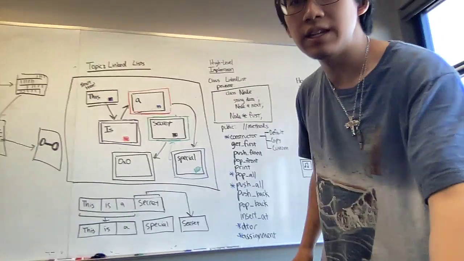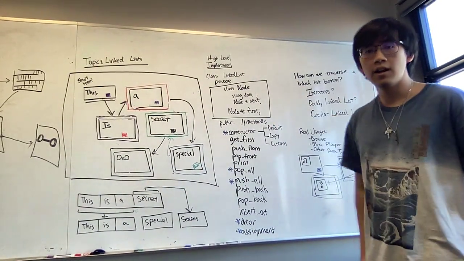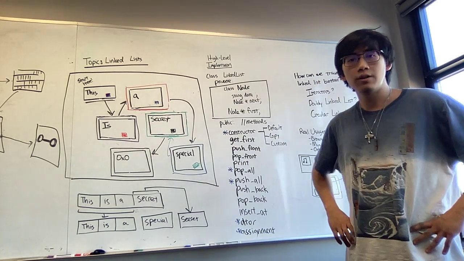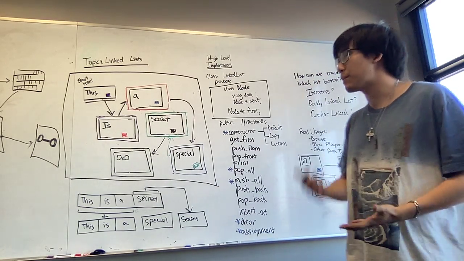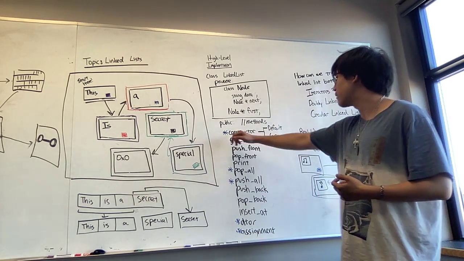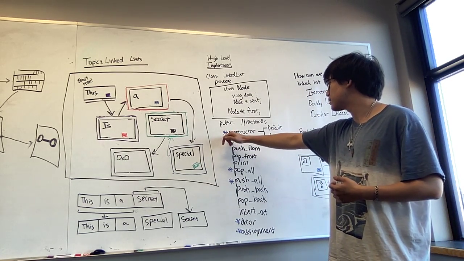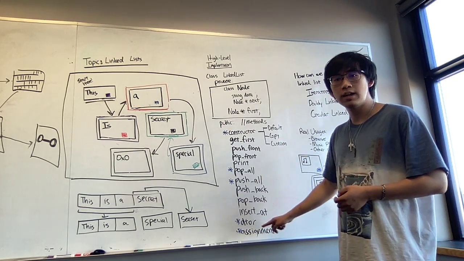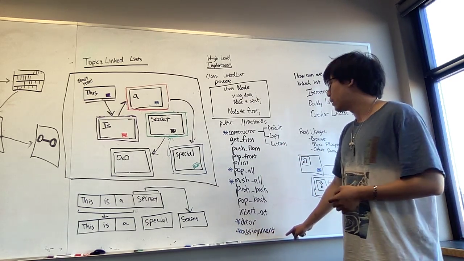The implementation details for linked lists are listed here. You'll find them pretty helpful for project 4. Just one important note is that since you're working with dynamic memory in linked lists, you will need the big three. Notice here that I have put an asterisk next to the constructor. You're going to need a copy constructor, as well as a destructor and an assignment operator.